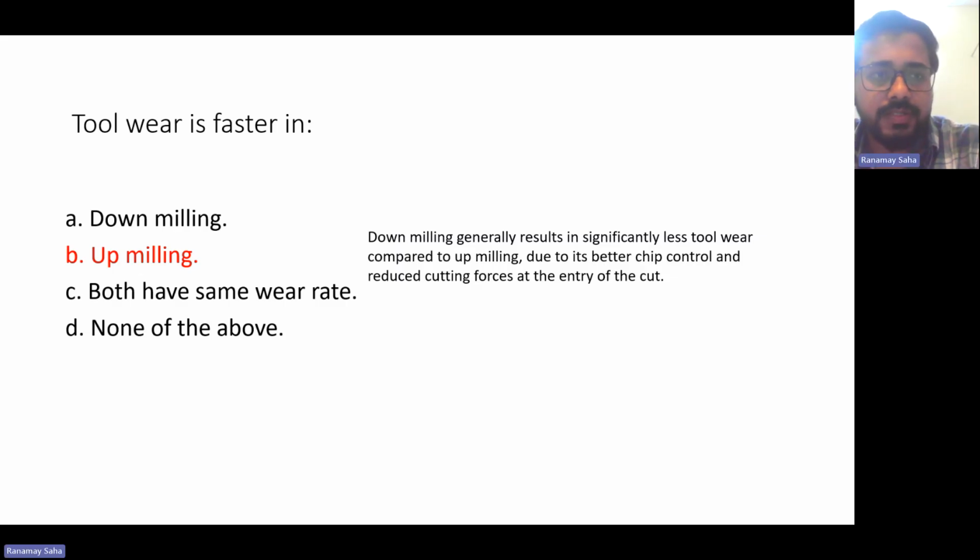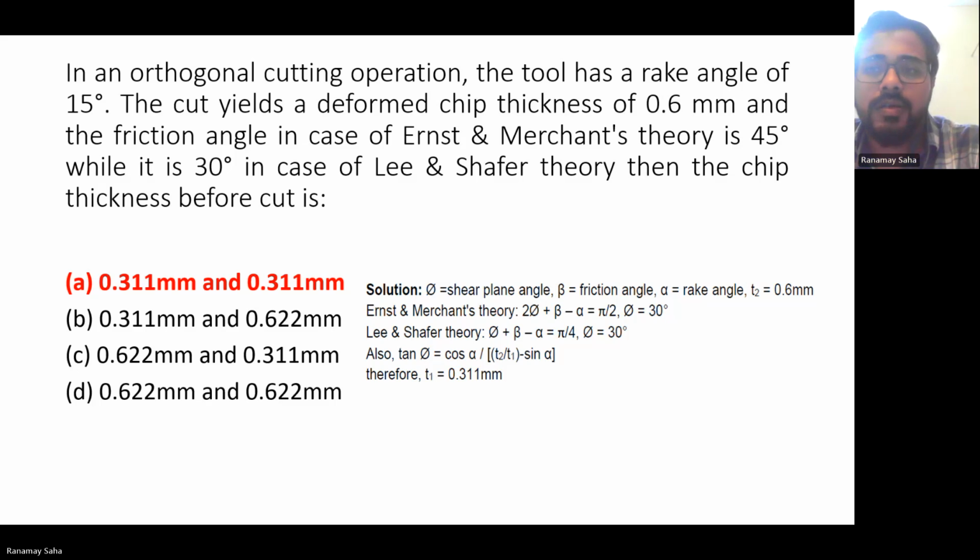Let's move to the next question. In an orthogonal cutting operation with a given rake angle, the deformed chip thickness is 0.6 millimeters, and the friction angle is 45 degrees in the Merchant theory, while it is 30 degrees in the Lee-Shaffer theory. The chip thickness before cut has to be found.